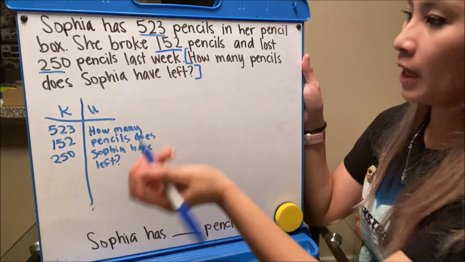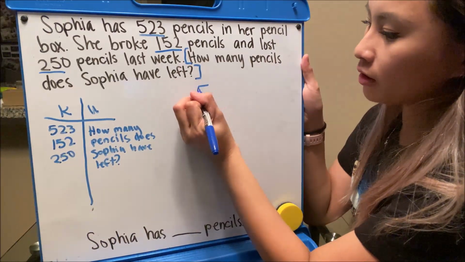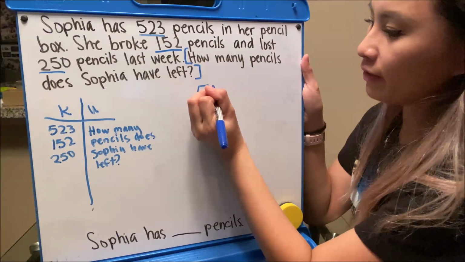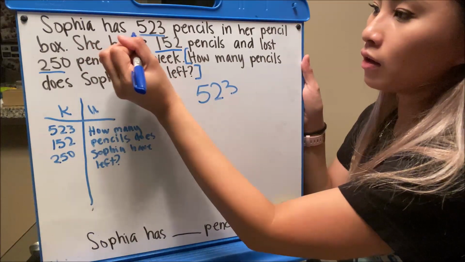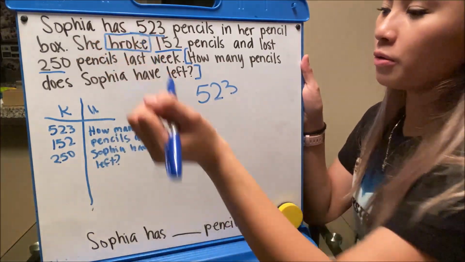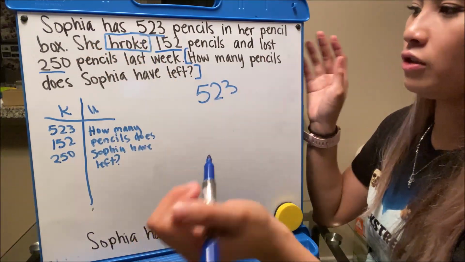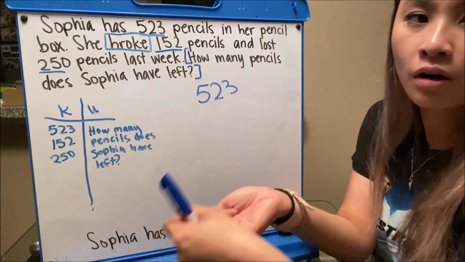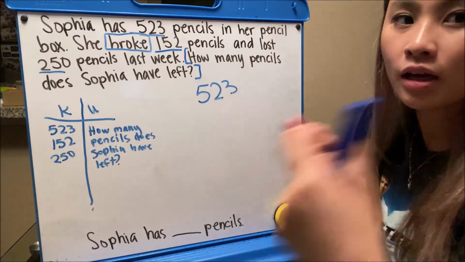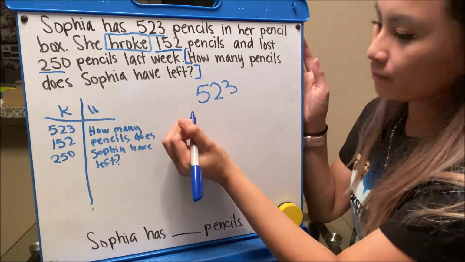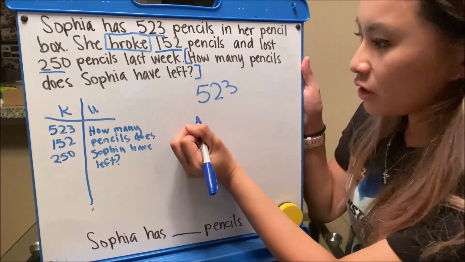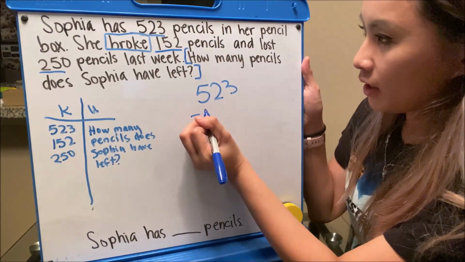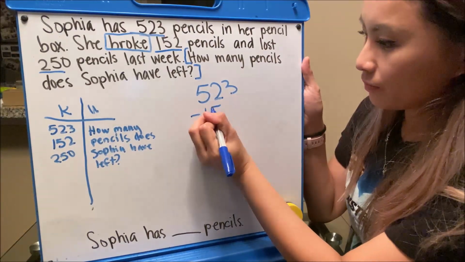Okay, let's start off with writing 523. Now, she broke 152. Since she broke them, we're gonna throw those pencils out, right? So we're gonna subtract 152 pencils from the 523.